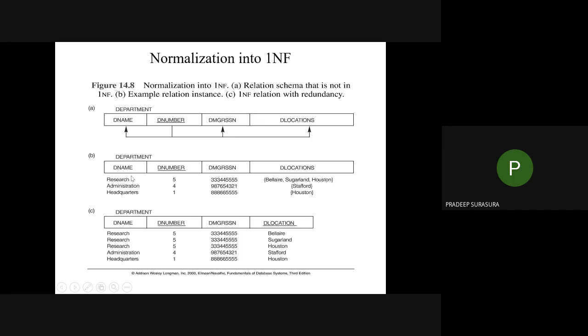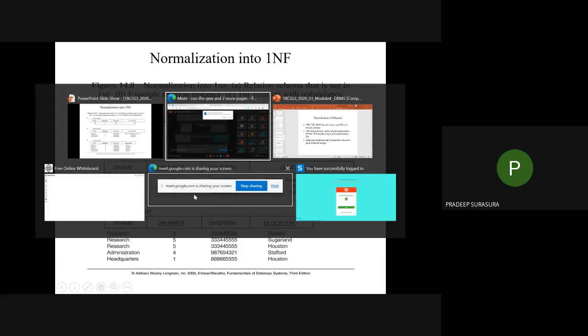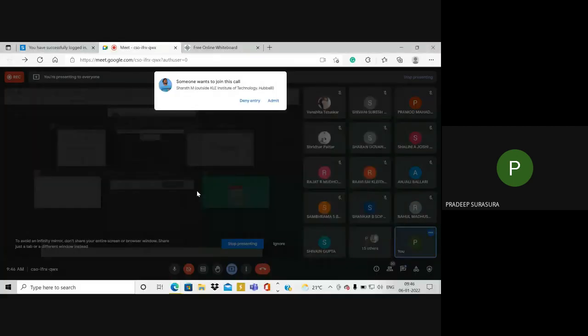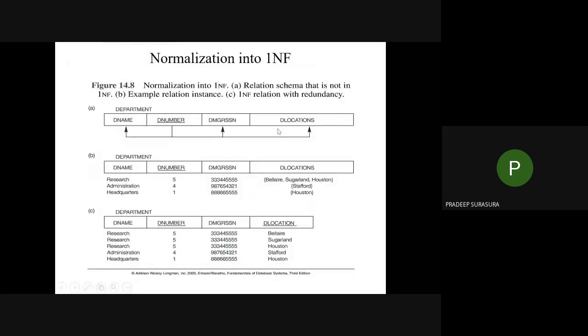So the research department has multiple values, so this violates first normal form. The other two tuples satisfy first normal form, but when you consider the whole table based upon these 3 values, we say that first normal form is violated.